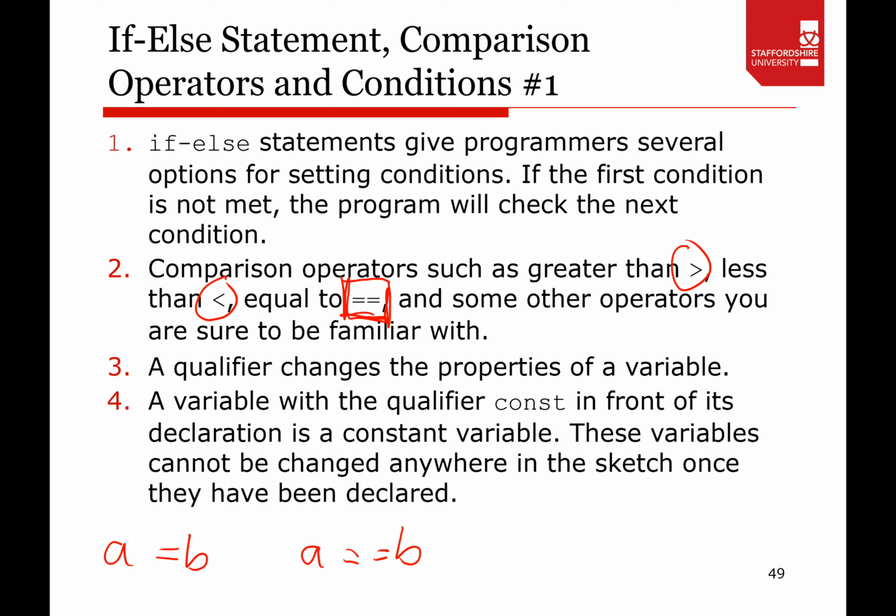A qualifier changes the properties of a variable, plus, for example. A variable with a qualifier const in front of its declaration is a constant variable. These variables can't be changed anywhere in a sketch once they've been declared.